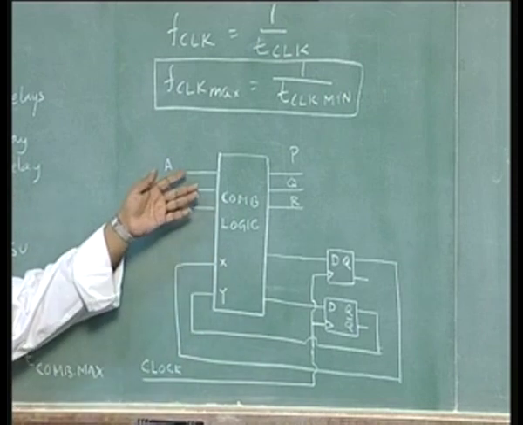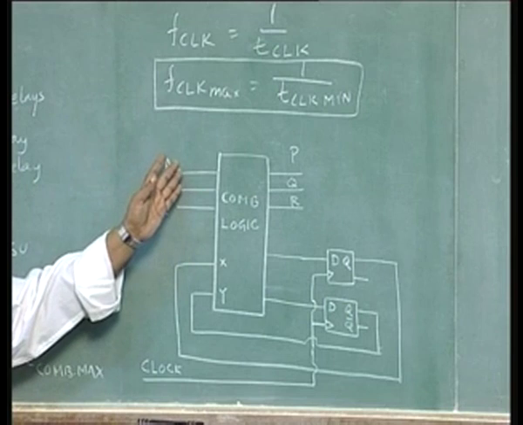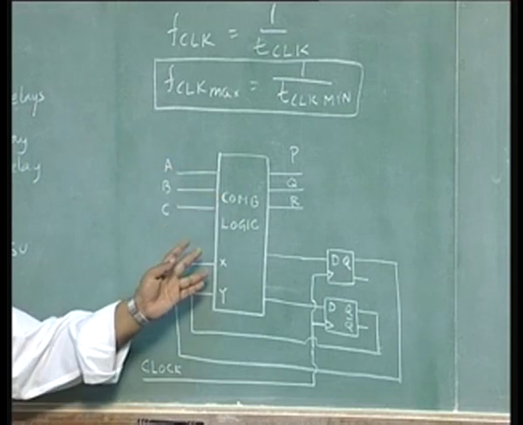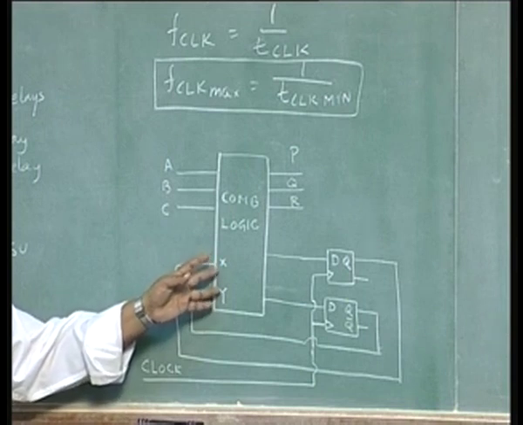One set of inputs are called combinational inputs, A, B, C are external inputs. Another set of inputs, in this case x and y, are called state inputs because they are internal inputs.